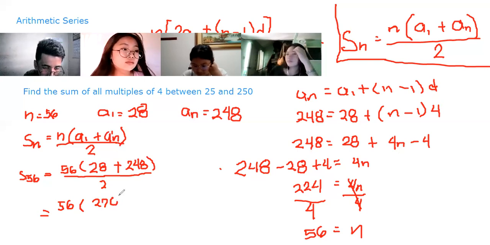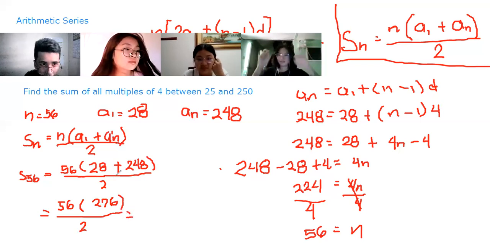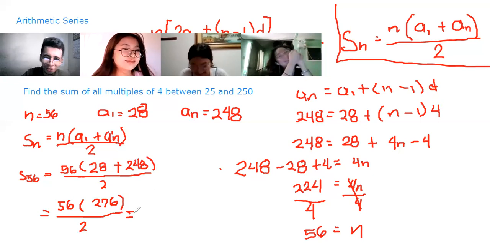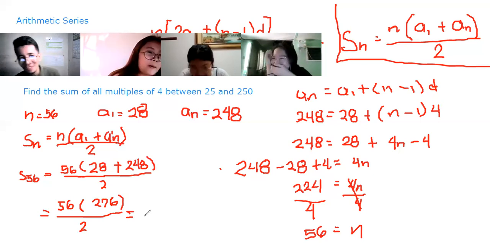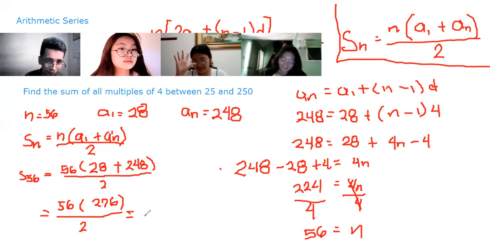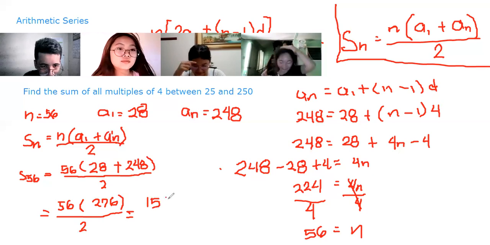Then, multiply natin si 276 kay 56. Ano daw sabi ni Gabe? 15,456. Divide natin kay 2.